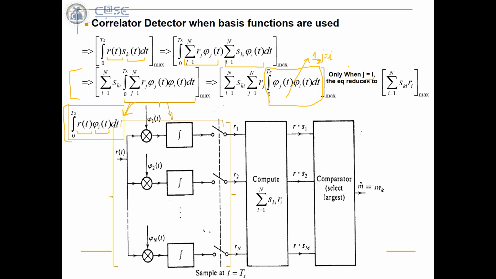So in order to get a non-zero value, J has to be equivalent to I, and here you can see previously it was R subscript J, but now it is R subscript I. For other values of J, this equation will give you 0. So this summation is mentioned here in this block. You have to compute this, and in the end you have to go for the signal class that will give you the maximum result out of all these possible branches. That's how you realize the block diagram when you represent the signal in terms of the basis functions.